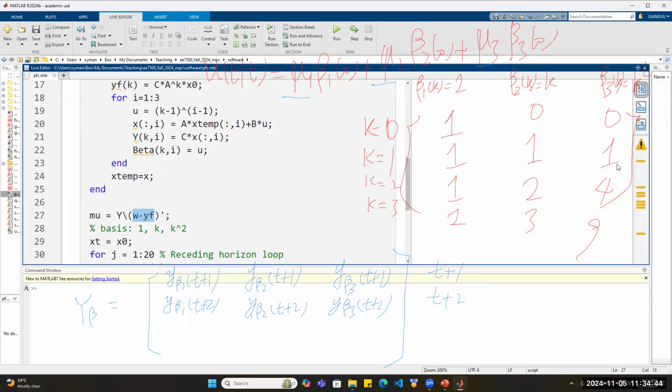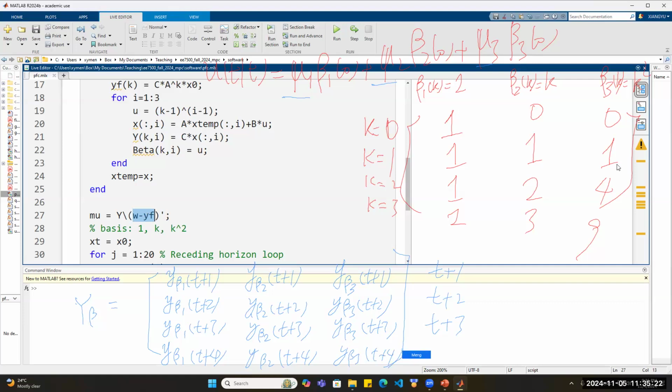Then the next row, y beta 1 t plus 3, y beta 2 t plus 3, y beta 3 t plus 3, to calculate the forced response at time t plus 3. Then the last one will be y beta 1 t plus 4, y beta 2 t plus 4, y beta 3 t plus 4.